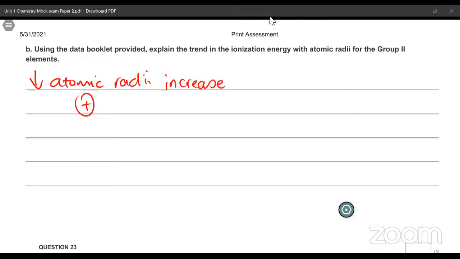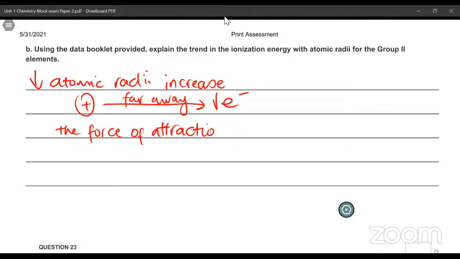This leads us to deduce that the force of attraction between the valence electrons and the positive nucleus, because it's positively charged, seeing that protons are in the nucleus along with neutrons, but neutrons don't have a charge, so the net charge on the nucleus is positive.